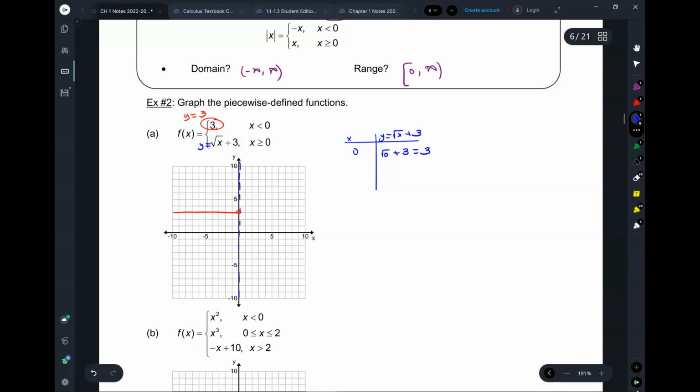Is it open or closed? Closed. So if you have open and closed on top, just fill it in, close it. And then let's put in another value, x equals 1. 4. And we know it's a square root, so we make it look like that.